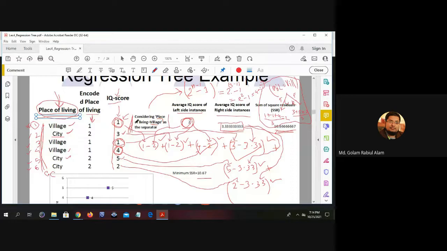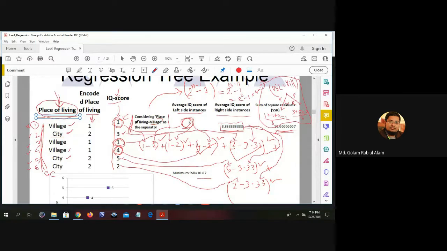So one splitter would be, considering place of living is village. In that case, just village people will be on your left side, and on your right side we will get the city and capital city. And again, considering place of living equal city, another separator.